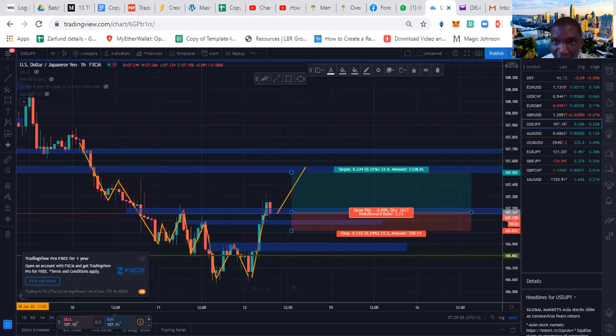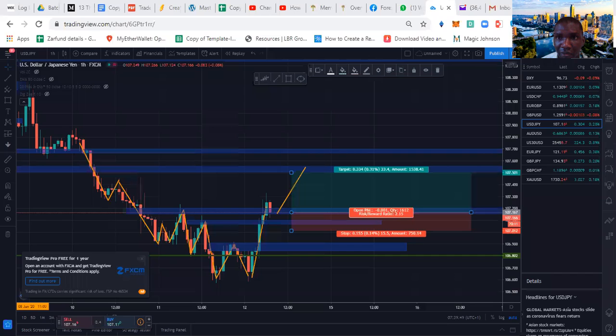USD JPY price is 107.167. Then take profit is 107.500.